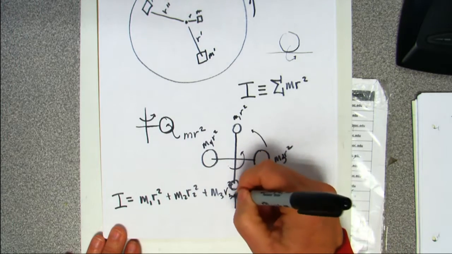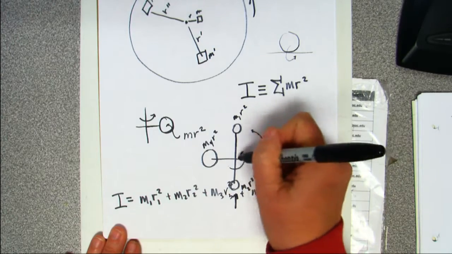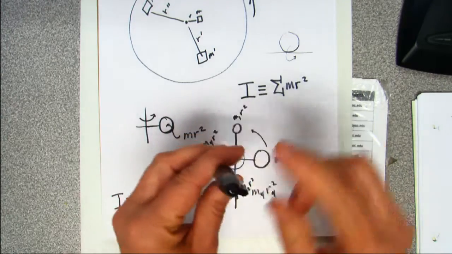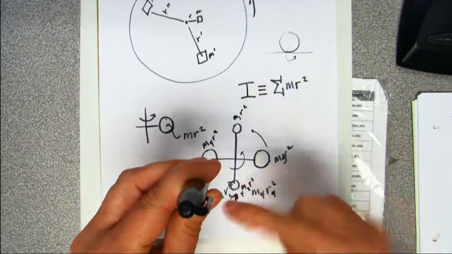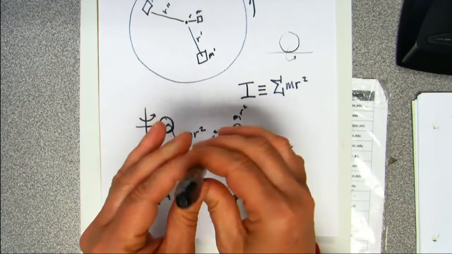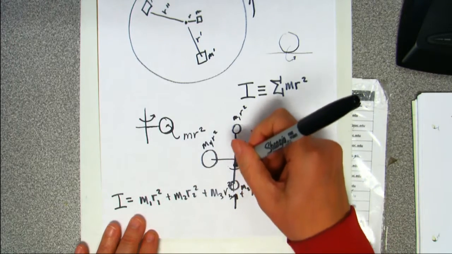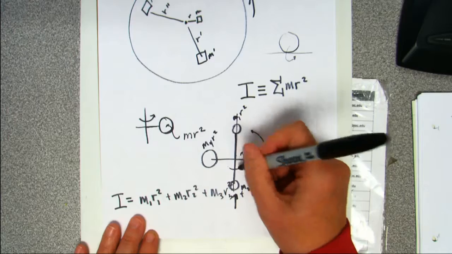Well, if I'm rotating it from the perspective that I have a mass here, a mass here, a mass over here, and a mass here, and I'm going to rotate it this way, my r is the distance between this axis and there. Well, guess what?